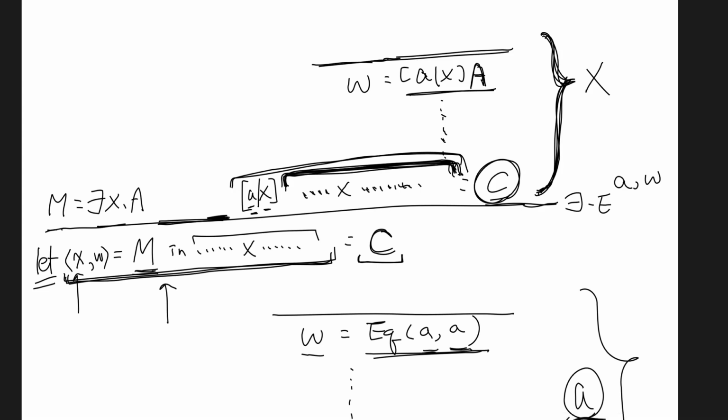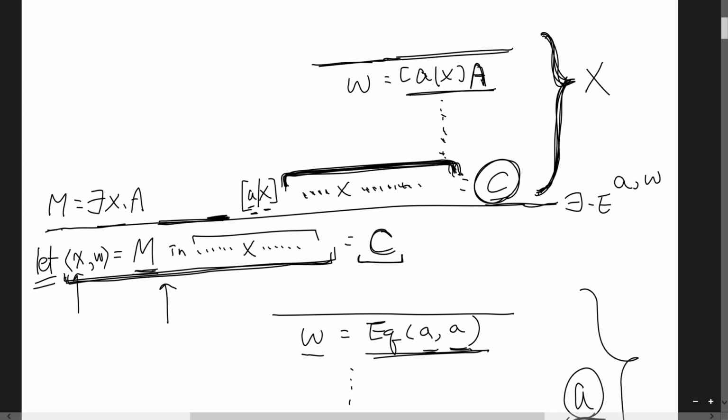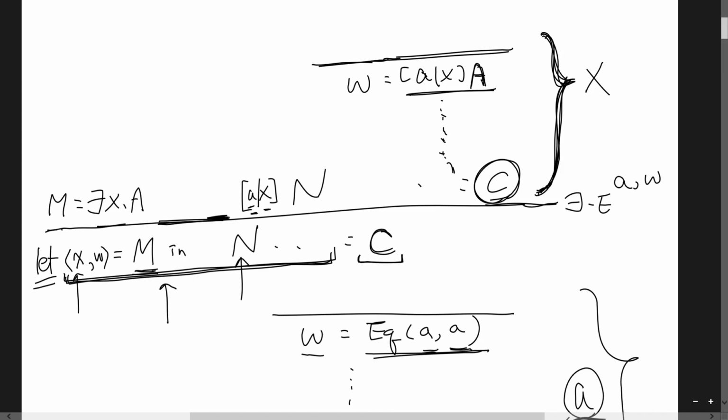Now let me write this one as proof term n. So let me erase it, and then just write the C, n. Then we would have n here. Remember that this proof term n, of course, may contain term variable x.